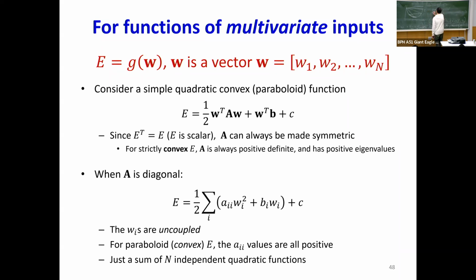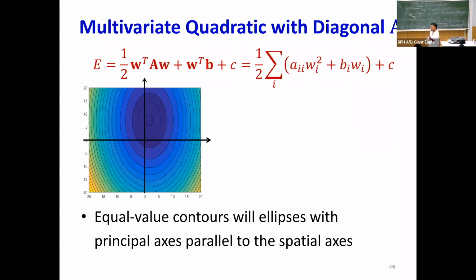This is a quadratic in two variables, correct? You agree? I can plot this as a function of two variables. The horizontal axis is x1, the vertical axis is x2, and I'm showing you the level sets, and these are going to be bowls, right? So this is a simple case where I have a quadratic function of two variables.